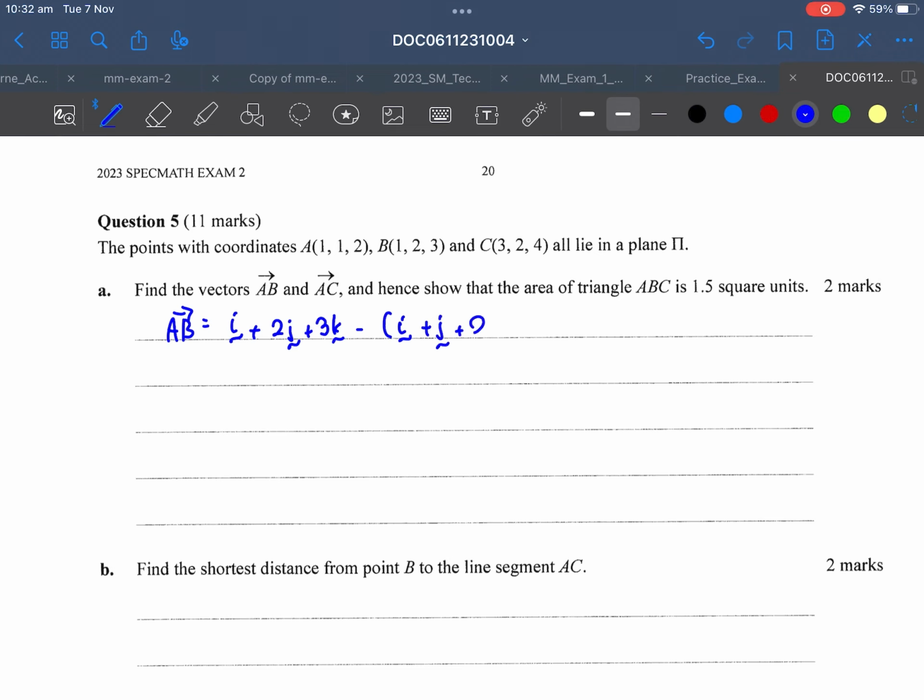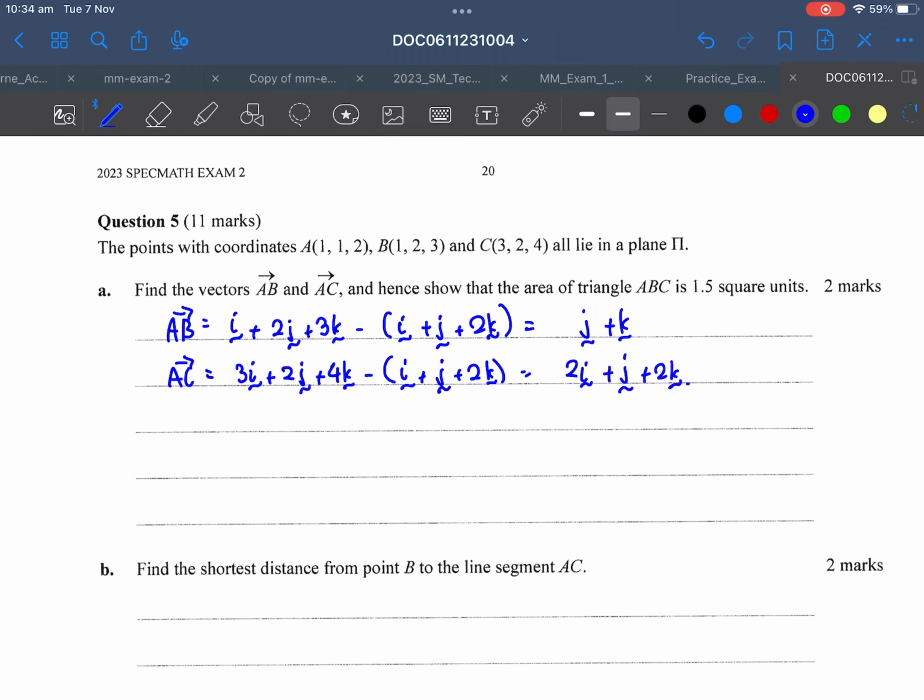So that is going to equal j plus k. And AC is going to be C minus A, so 3i plus 2j plus 4k minus (i plus j plus 2k), which is going to equal 2i plus j plus 2k.